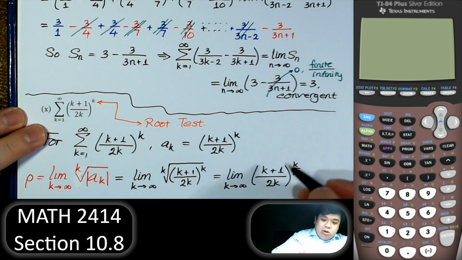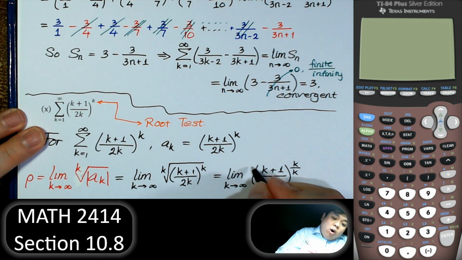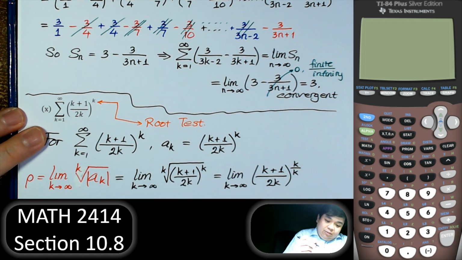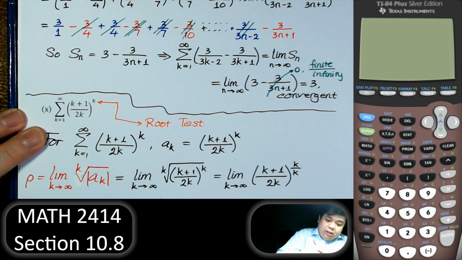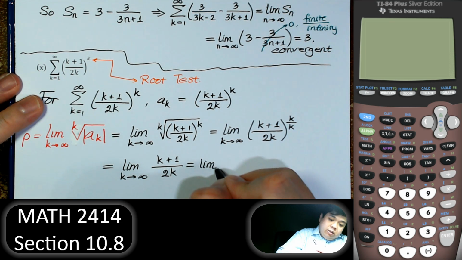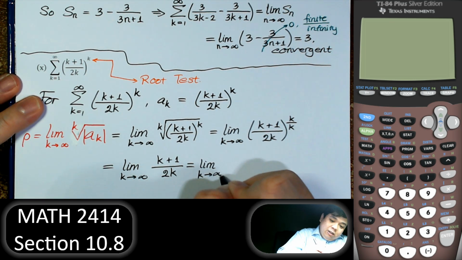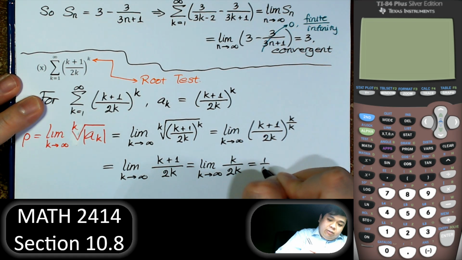In this case, it just cancels out, because k is positive and k plus 1 over 2k is positive. So that's why absolute values are not needed. k over k is 1, so we just have k plus 1 over 2k. Now as k goes to infinity, only the highest power terms matter. So k over 2k equals 1/2.